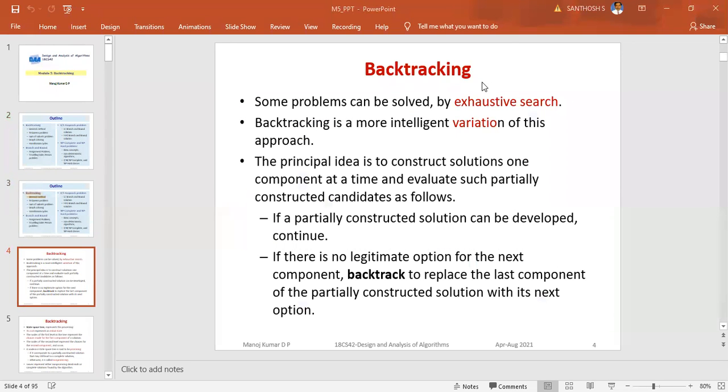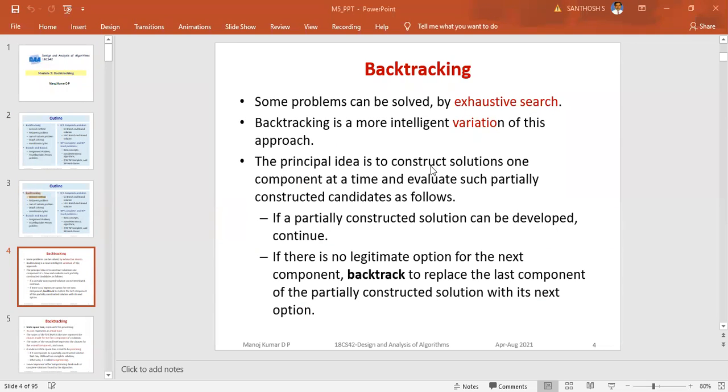Some problems can be solved by exhaustive search. Backtracking is a more intelligent variation of this approach. The principal idea is to construct solutions one component at a time. There are so many elements, and something is to be done.